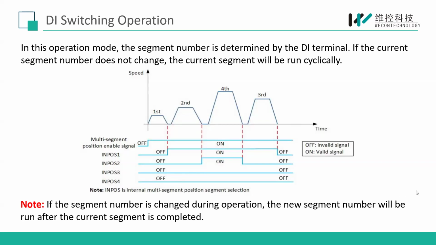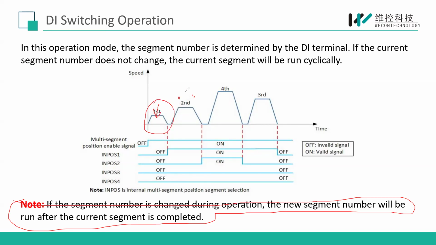And here I have another point to notice. For example, we are running segment 1, and in the middle, if we change the DI status to make the servo run segment 2, the driver will first finish the current segment, and then run the new segment.